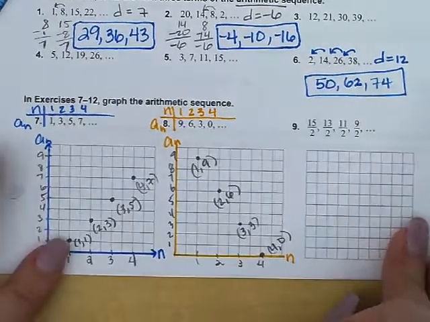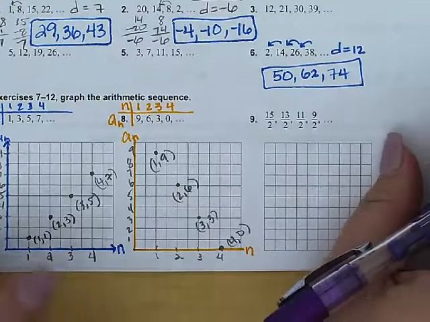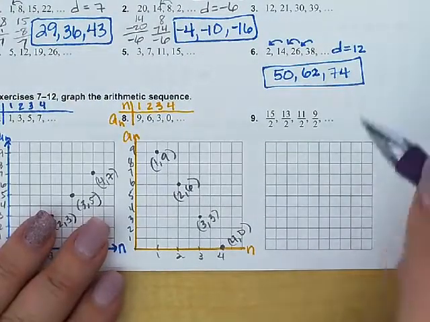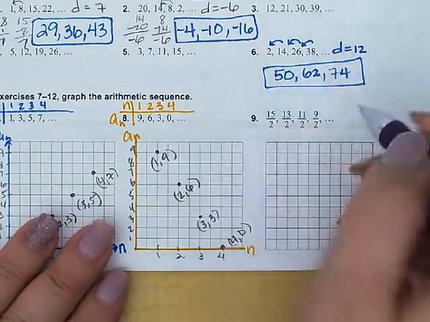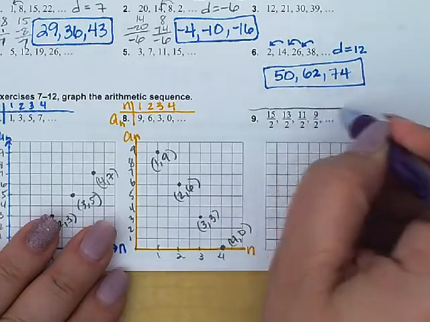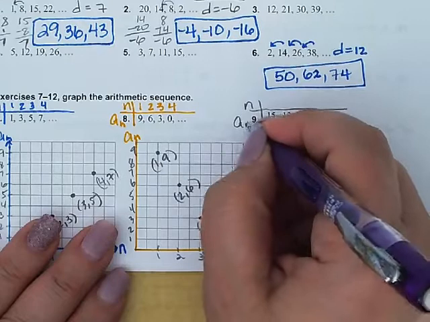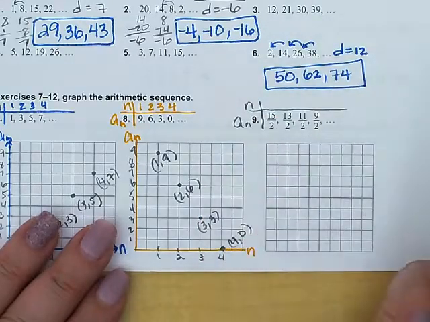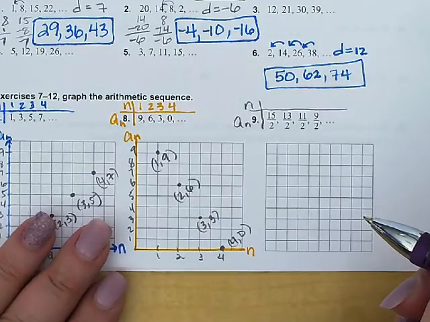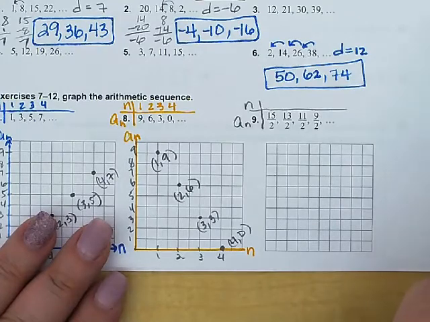Okay. Number 9, don't let that intimidate you. You're really just still doing the same thing. You're graphing by position versus value. So n would still be the position, and then this would be the value. If this bugs you, change them to decimals. For graphing, this is one of really the few times that I can concur that the decimals might be easier.